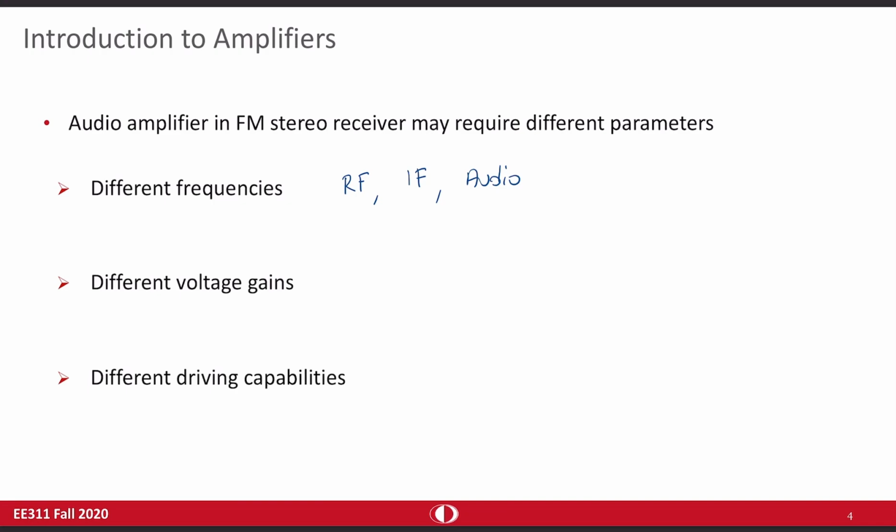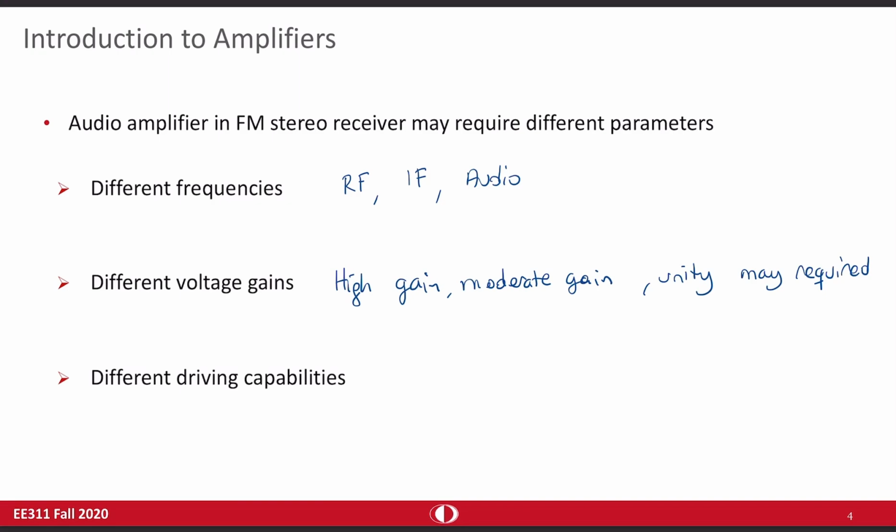Like in the previous example, you don't want a large gain from the audio amplifier, but you want large gain from the intermediate frequency amplifier. So high gain, moderate gain, or in some cases even unity gain may be required. It totally depends on the application that you are using this amplifier.